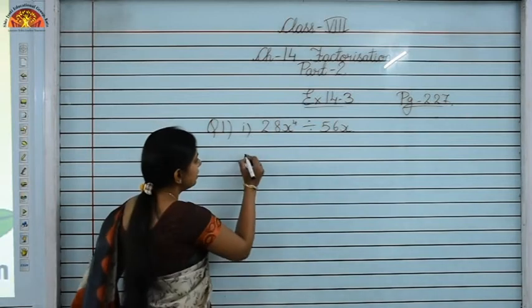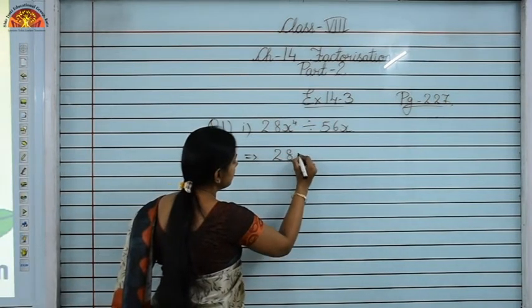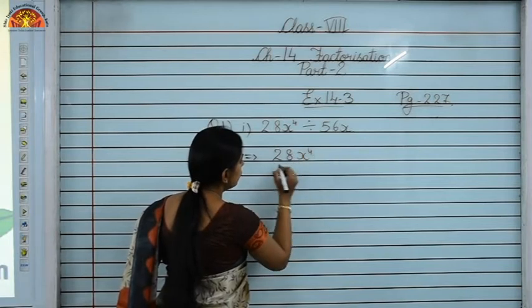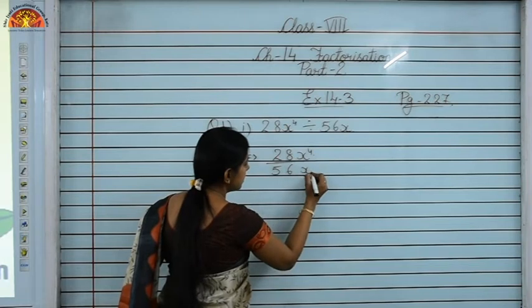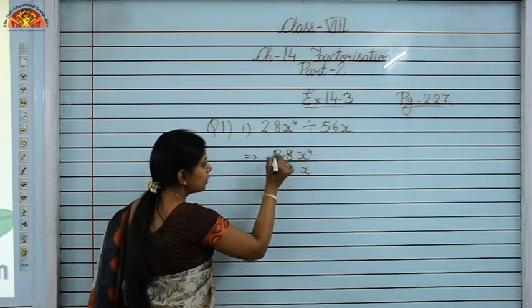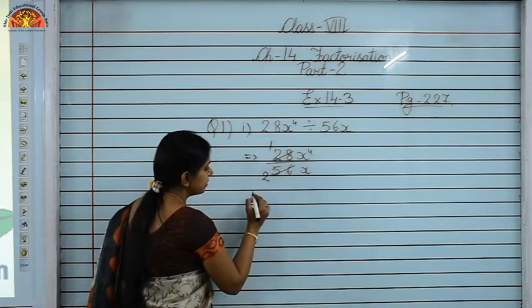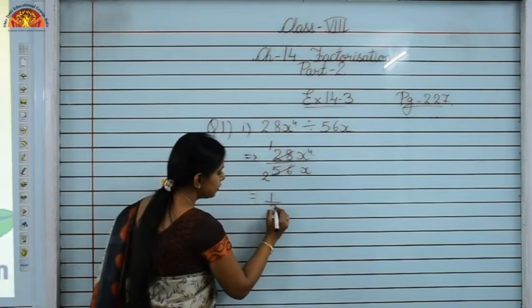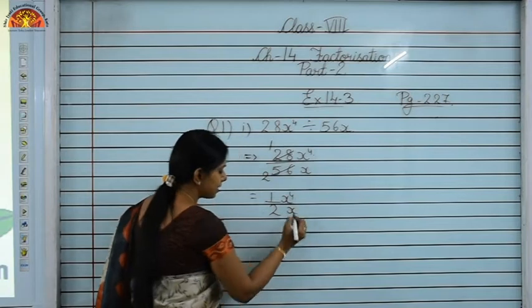So just see, that is 28 x raised to the power 4 divided by 56 x. Now you can just simplify: 28 ones are 28 and 28 twos are 56. So it will be 1 by 2, x to the power 4 upon x.